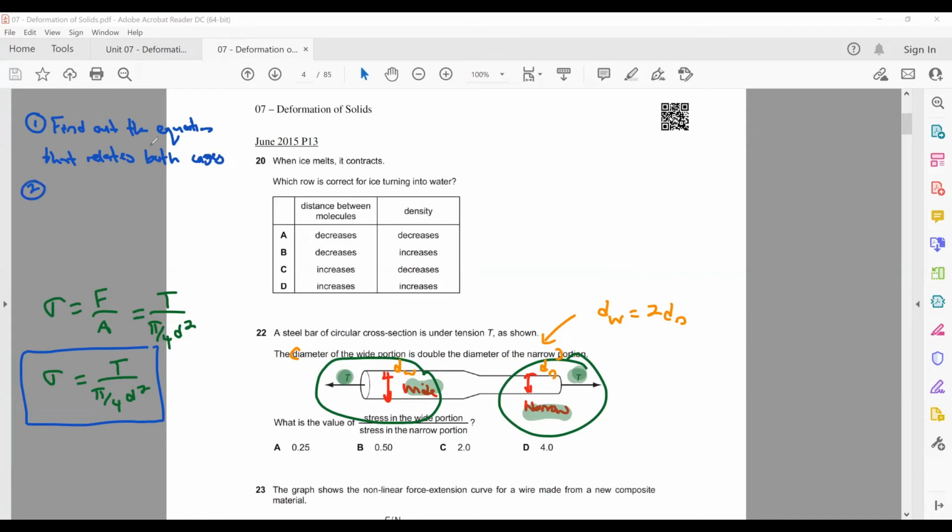Okay, find out the equation that relates both cases. In this case, it is this one. And then what you do next is that you determine what is the same, i.e. constant, for both cases.